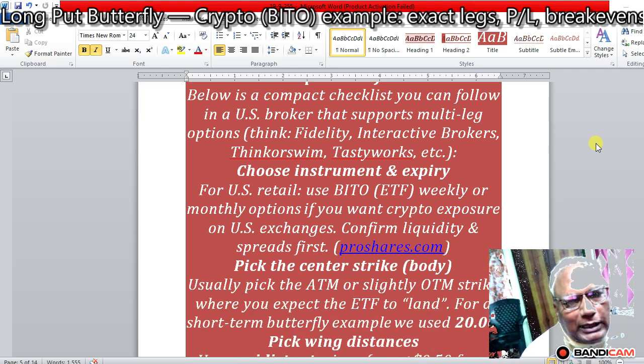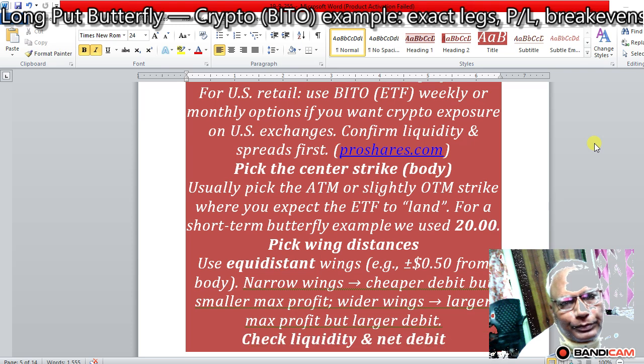For US retail, use BITO ETF weekly or monthly options if you want crypto exposure on US exchanges. Confirm liquidity and spreads fast. Pick the center strike body, usually the ATM or slightly OTM strike where you expect the ETF to land.